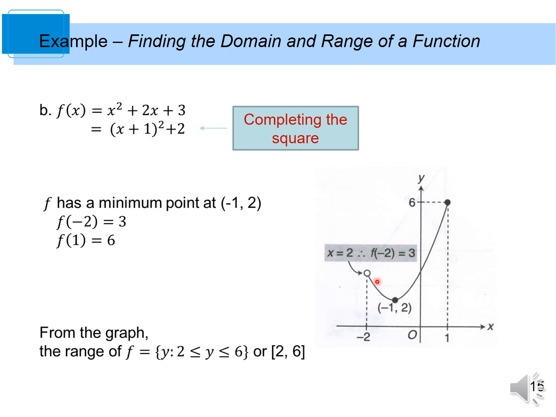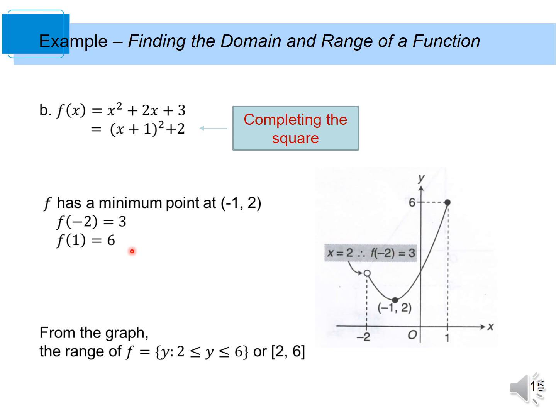So this is the curve. Now you can see the interval. The domain of x is from -2 to 1, and -2 is excluded, so it's not shaded, and 1 is included, so it's shaded. You cannot conclude that the range is from 3 to 6.